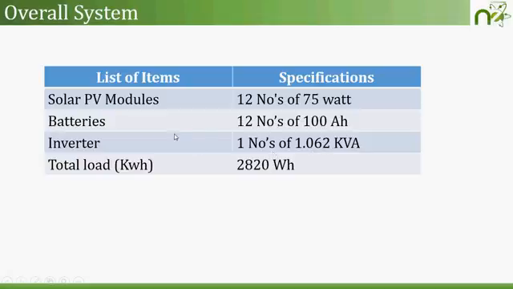This will be required to generate an energy of almost 2.820 kilowatt hours or 2820 watt hours. So it will generate 2.82 units in a day to supply your electrical appliances. So this is all about the solar sizing and solar rating for all the balance of systems.